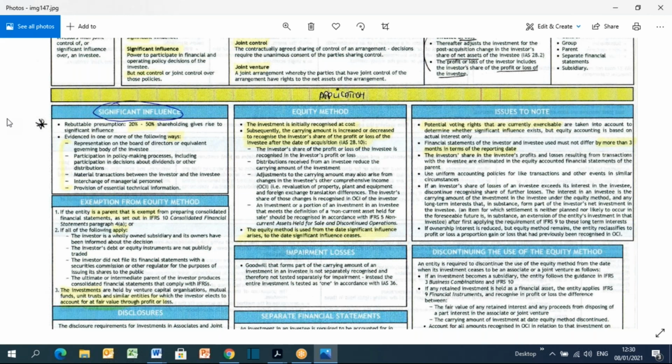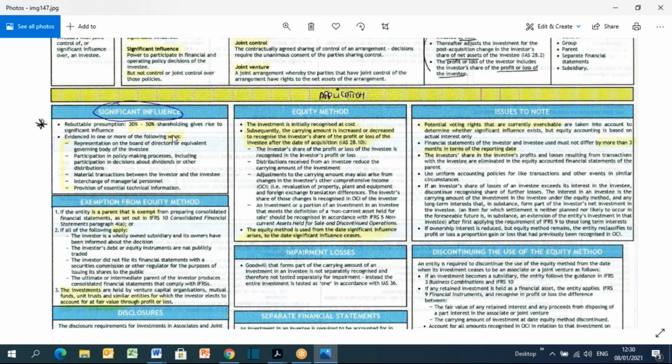You treat an investment as an associate if there is a shareholding between 20 and 50 percent and it has significant influence, meaning representation on the board of directors, participation in the policy-making process, transactions between investor and investee, interchange of managers between the two companies, and technical provision between the two companies.